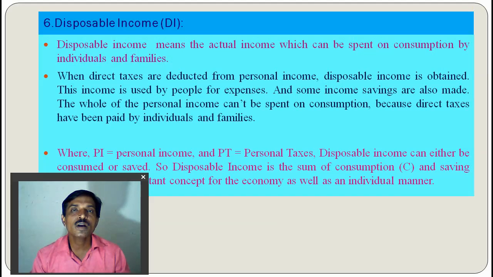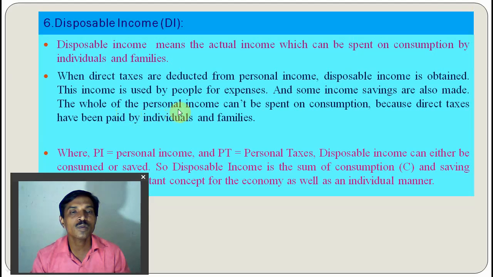But personal income minus the necessary deductions, the balance in the person's hand, is called the disposable income. When the direct taxes are deducted from the personal income, disposable income is obtained. This income is used for expenses and some of it is saved.